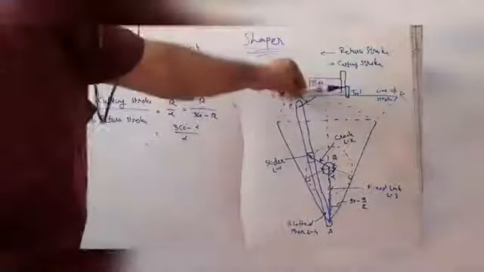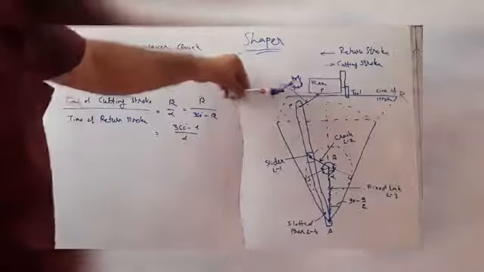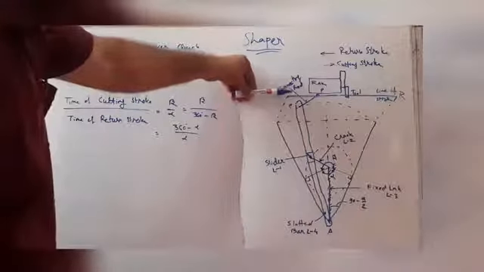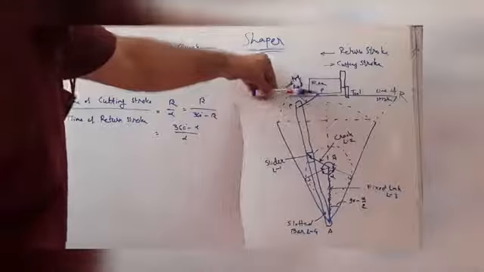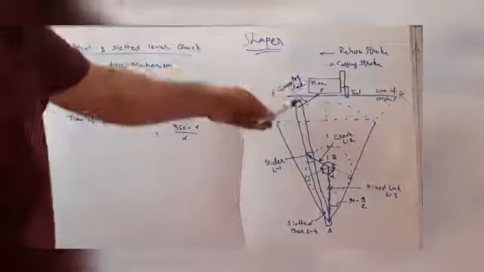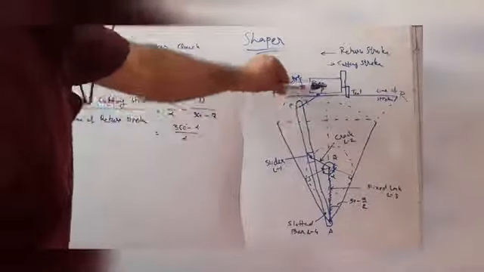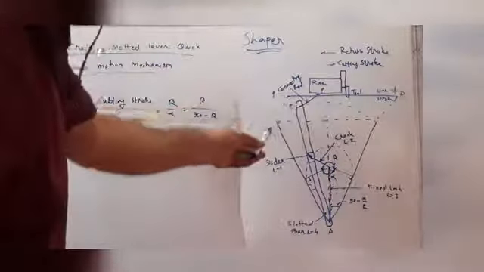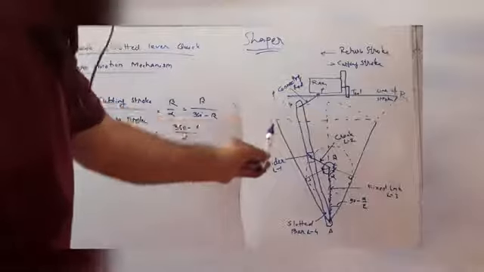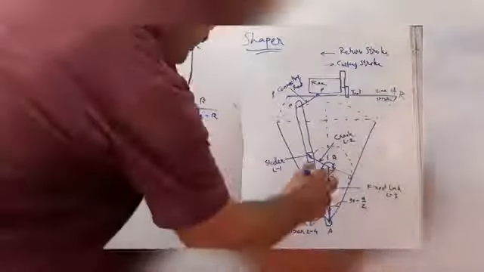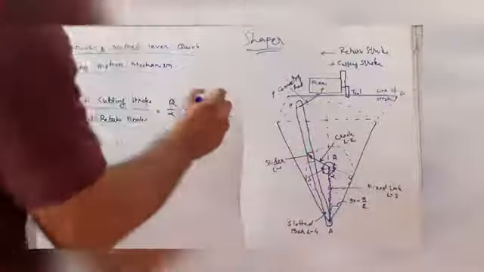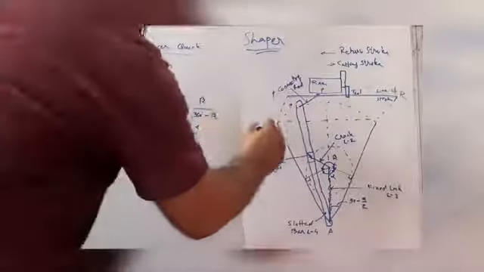So at the starting, this tool may be at point P, and during the cutting stroke, this moves like this with the help of this connecting rod. This is fixed to the tangential line of this A, C and P1.